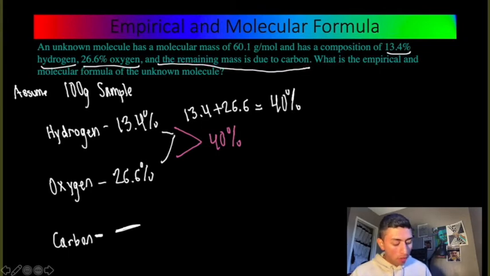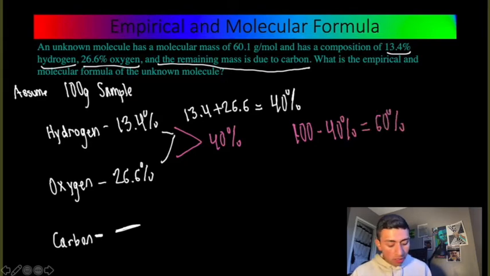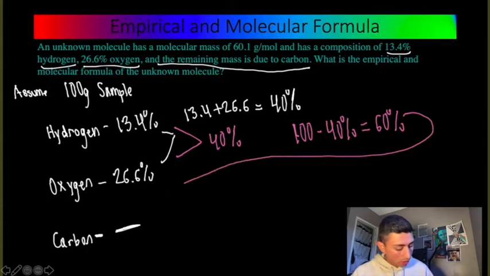So if 40% of the molecule is due to hydrogen and oxygen, the remaining percentage is 100 minus 40%, and your answer should be 60%. So 60% is the percent composition of carbon in this molecule.